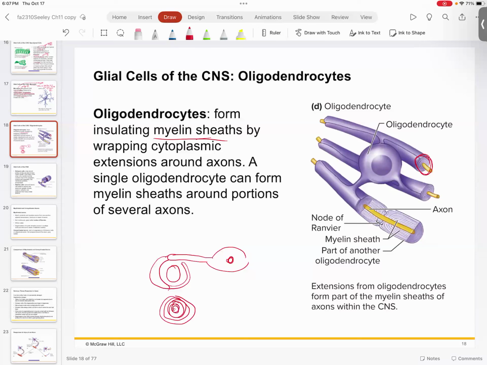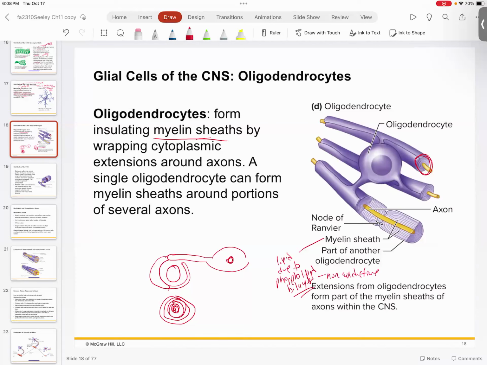layers around that axon. That creates a very strong, lipidy myelin sheath. The myelin sheath is lipid due to the phospholipid bilayer, and as a result, it's non-conductive, like an insulation.